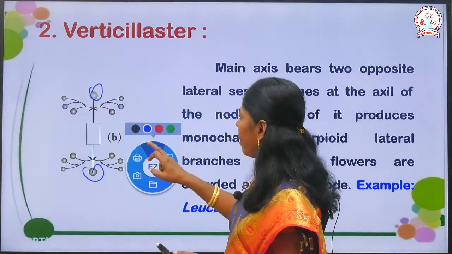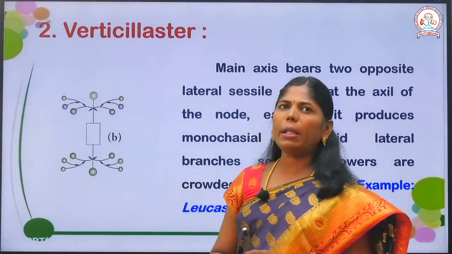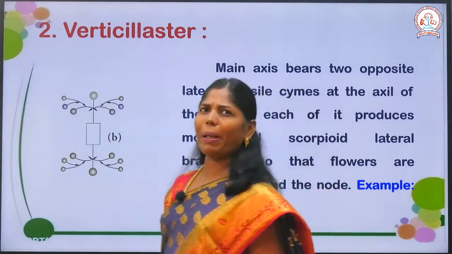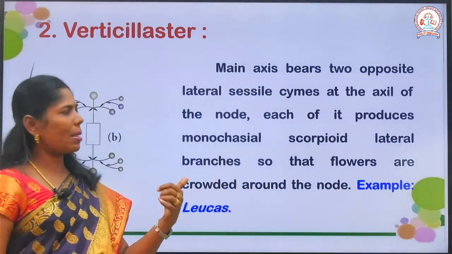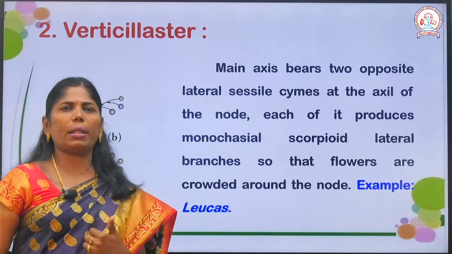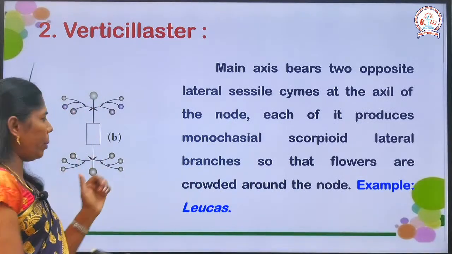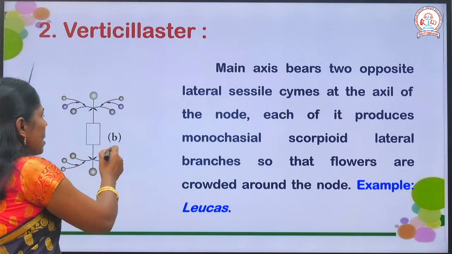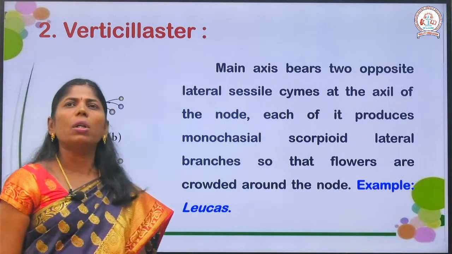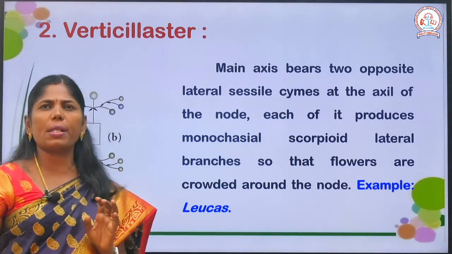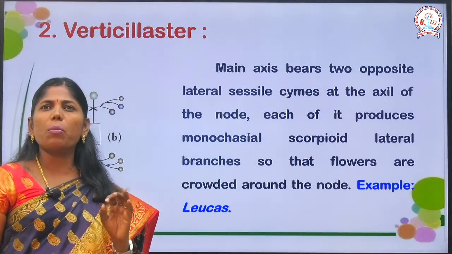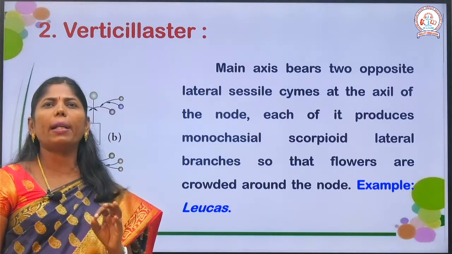That is one main character: it is arranged inward. The main axis has two branches with lateral sessile flowers, one on this side and one on that side. Sessile means flowers without pedicels. Each of them produces monochasial scorpioid lateral branches.